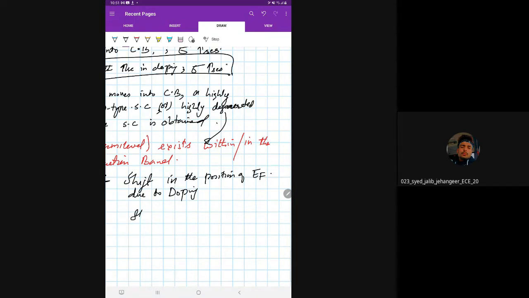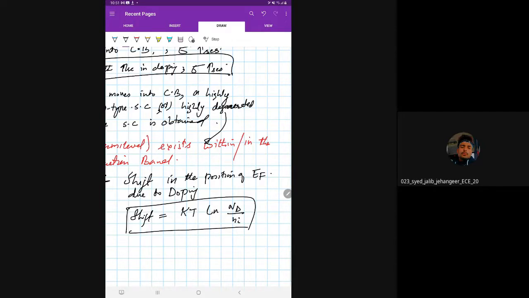So the shift will always be given as, because it is due to the concentration Nd, kT ln of Nd by Ni if you are measuring with respect to intrinsic semiconductor. यानी intrinsic semiconductor में the Fermi energy level is at the center, but in n type it is towards the conduction band.